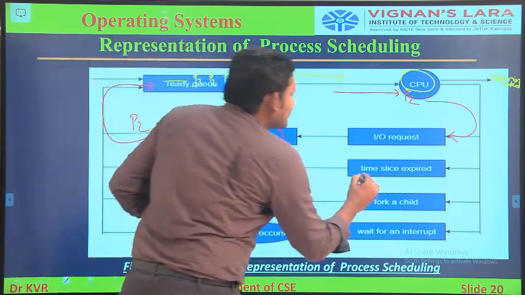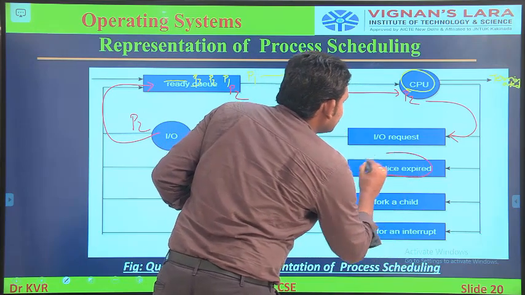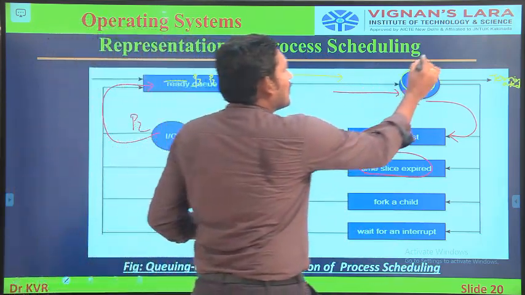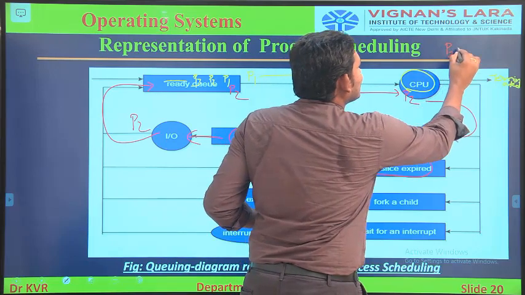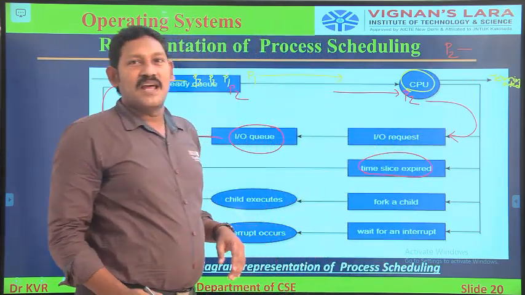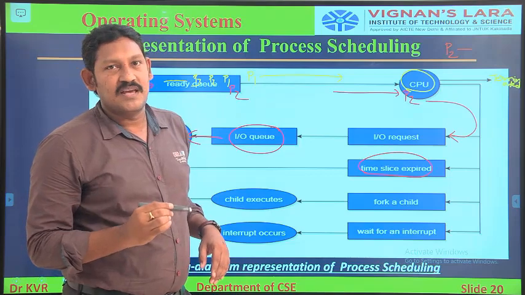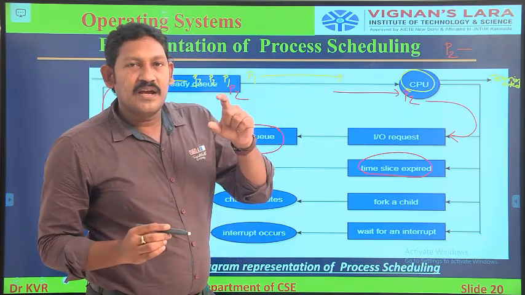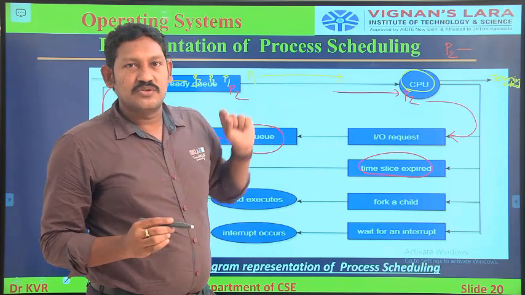Next, what about the time slice? For every process there will be some time bound or time slice. We simply call it a time slice. Time slice means within that period, the process has to be executed.